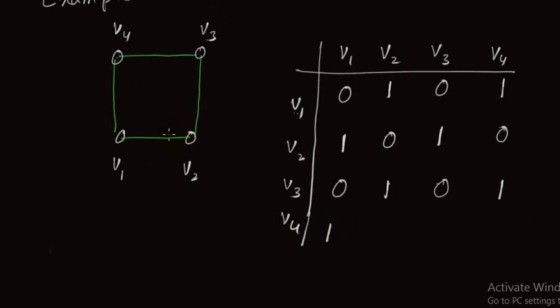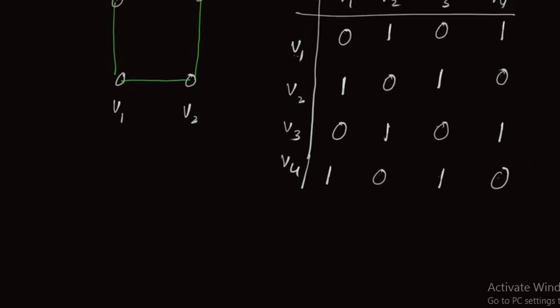V4 and V2 have no edge, we choose 0. V4 and V3, there is an edge, so I choose 1. And for V4 and V4, there is no loop, so we choose 0 value. This is our adjacency matrix for this graph.